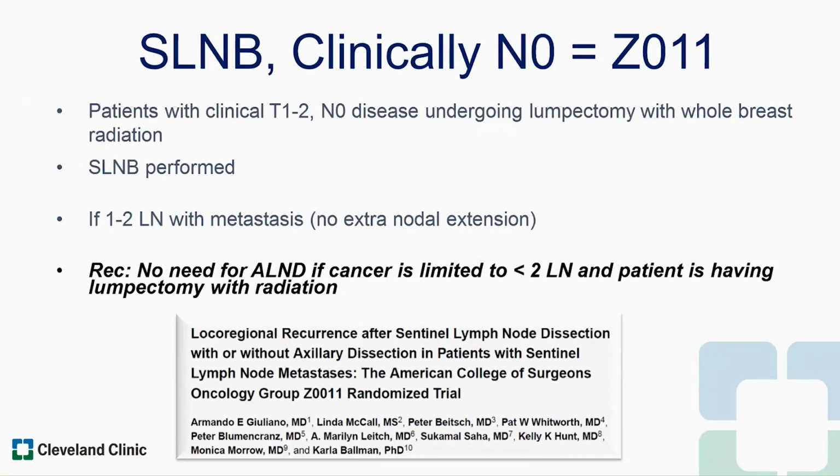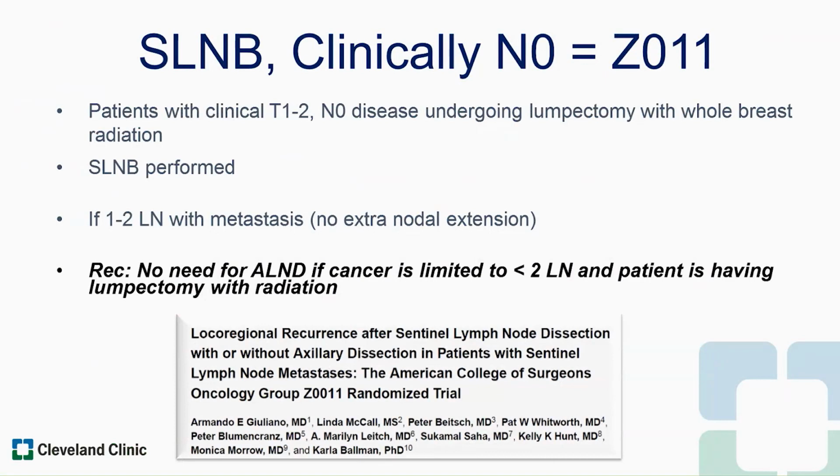If on pathology you find 1 or 2 lymph nodes that have metastatic disease, that the third and fourth or however many lymph nodes you remove are clear, so there are no additional lymph nodes, and there's no extranodal extension identified, then you don't need to perform a full axillary lymph node dissection. That's if it's limited to less than 2 lymph nodes and the patient's having a lumpectomy with radiation.